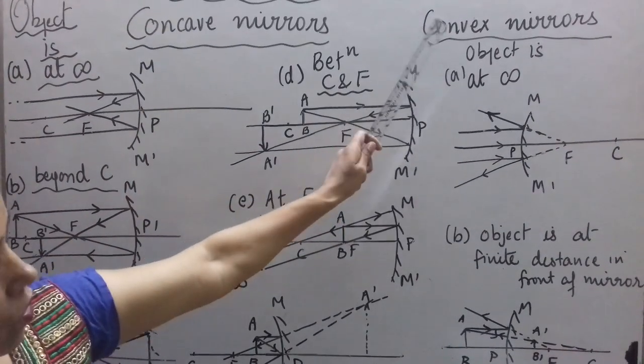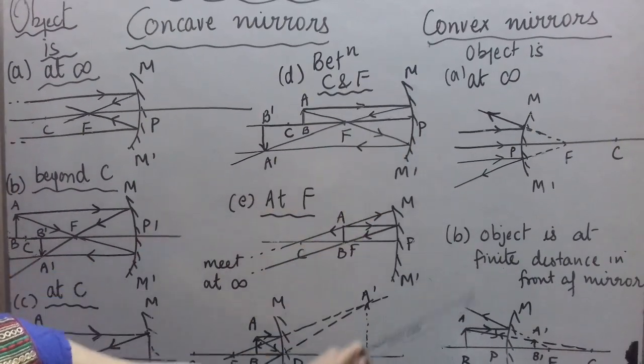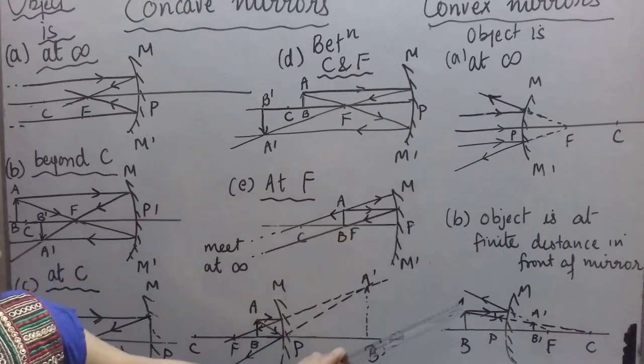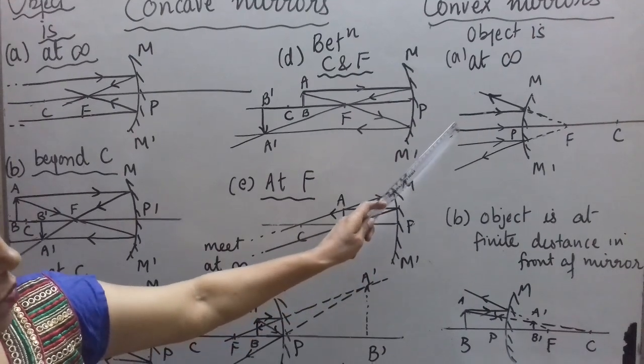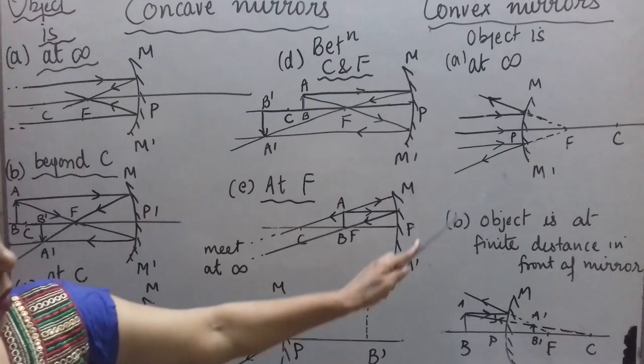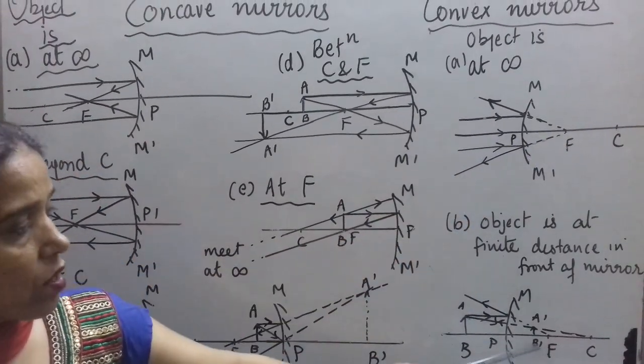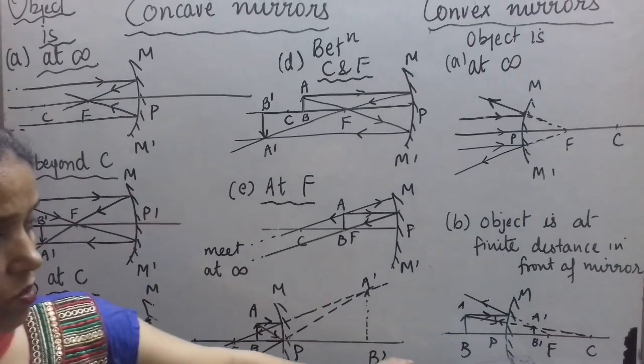And we have now learned convex mirror ray diagrams. In this case we have only 2 cases. In these 2 cases we have seen that either when the object is at infinity or at a finite distance in front of the mirror, the image formed is either highly diminished, as in this case, or smaller than the size of the object, as in this case.